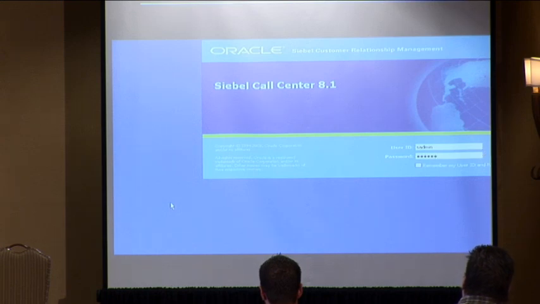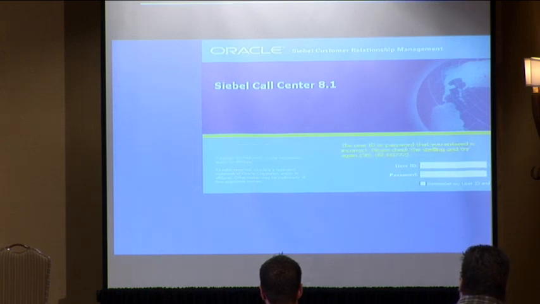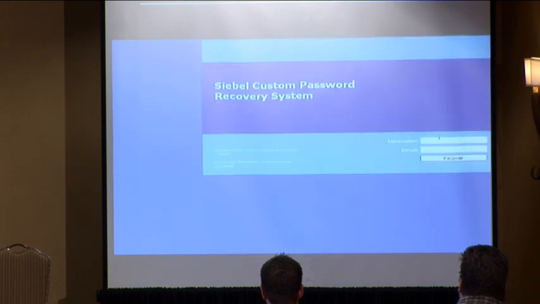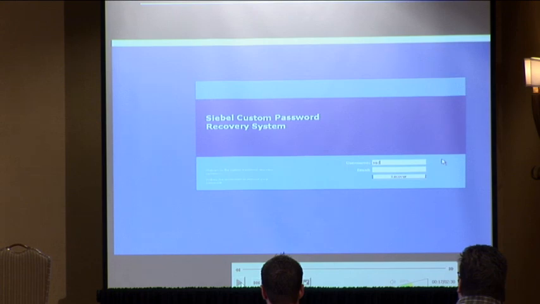The first thing the attacker tries to do here is figure out the username and password, but he doesn't know the password. So he will try to access the Siebel custom recovery system. If you are using LDAP as a data source for Siebel, you will have a built-in password recovery mechanism. If you are using a database, you will have to provide your own custom password recovery system, and this is the case that we are showing.